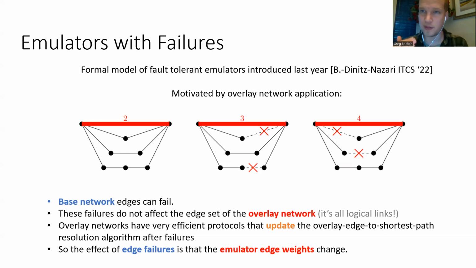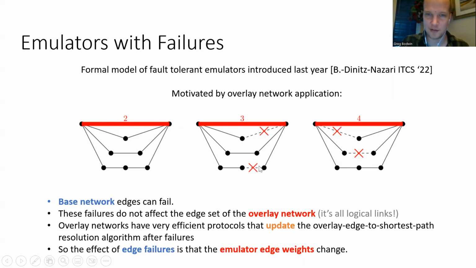So really, the effect of edge failures is not a change in the emulator edge set, but a change in the emulator edge weights. This set of three graphs here in the middle is an example of what I'm talking about. In this original graph on the left, this thick red emulator edge would have weight 2, since that's the distance in the underlying graph between these endpoints.